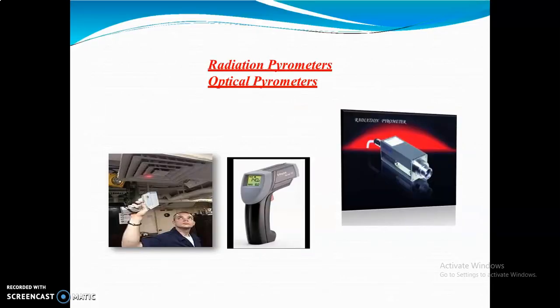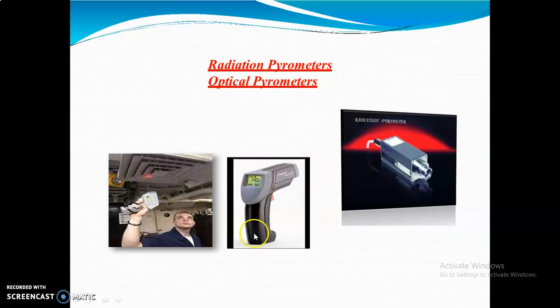Just look at the diagram here. There are many devices denoted. This is how I want to measure the temperature of a particular location, but the person can't reach it, so they are using a meter. This is the device called a pyrometer, which is infrared. Using that device you can identify the temperature of this particular location.